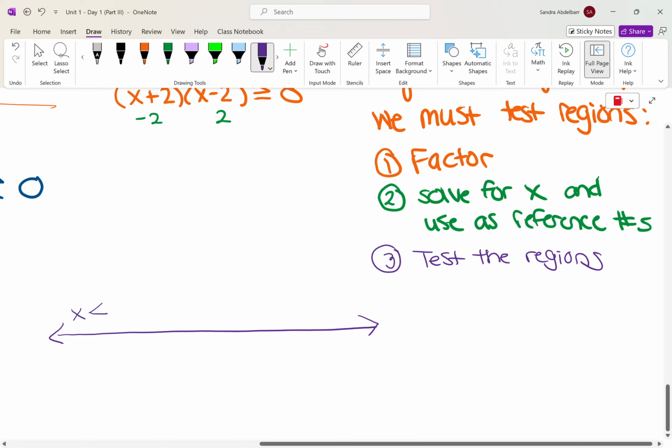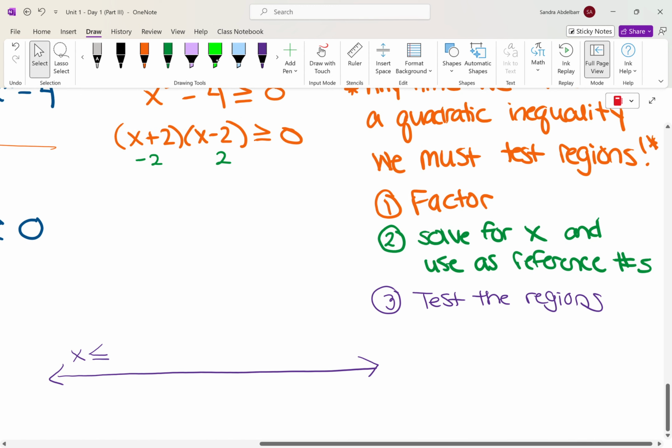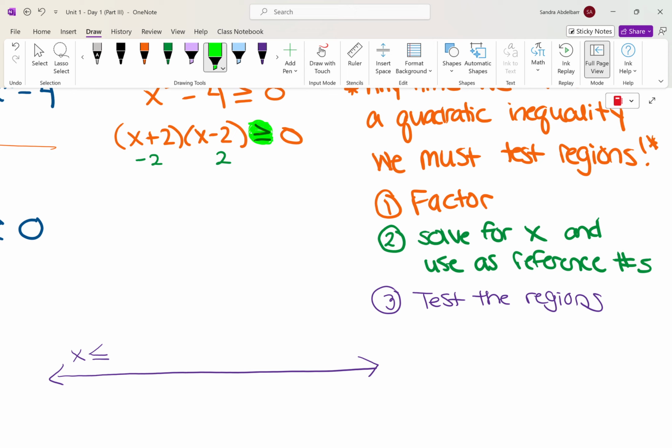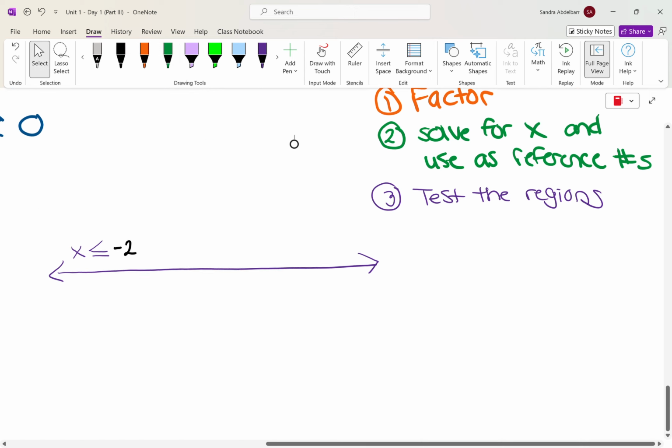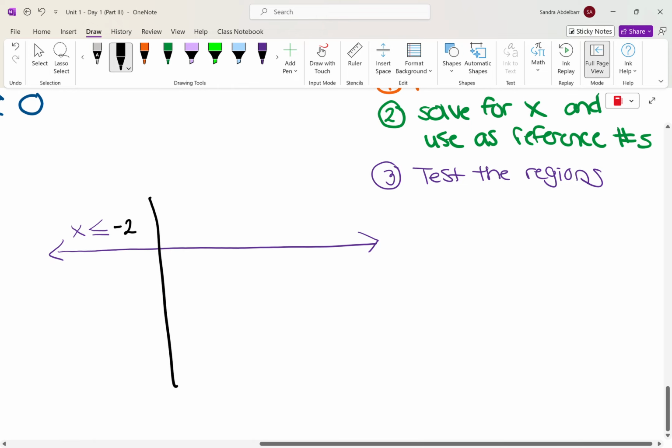And what we're going to do is we're going to test x is less than or equal to, you use whatever inequality we have here. Because it's equal to, we're going to use equal to. If it was just greater than, we just do less than. So it's whatever corresponds to what we have. So x will be less than or equal to our smallest reference number, which is -2.